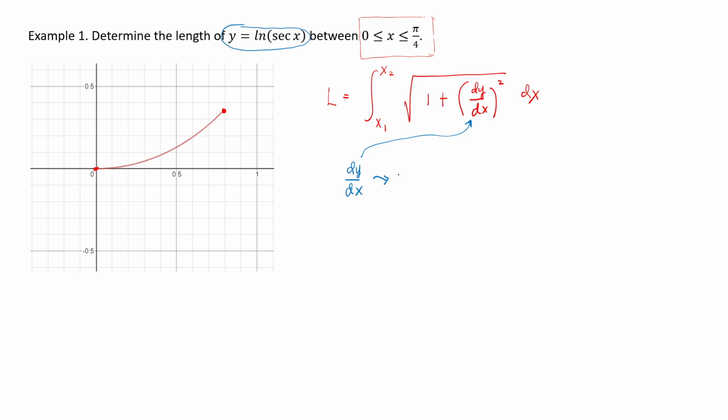So dy over dx will be the derivative of ln secant x. So how do you derive ln secant x?